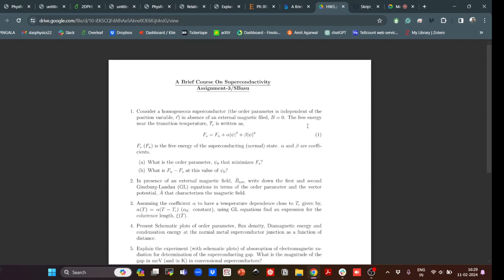So this could be the behavior of psi. And then flux density essentially means we have applied a magnetic field. So how does the flux density behave in the superconductor region and normal state region? And then diamagnetic energy and condensation energy. So all of these things have actually been derived in one of the lectures.